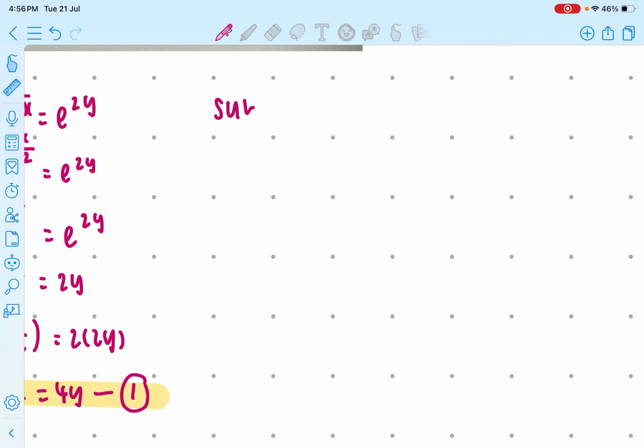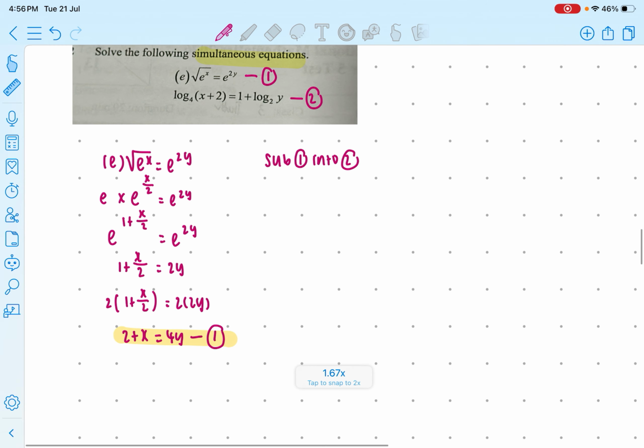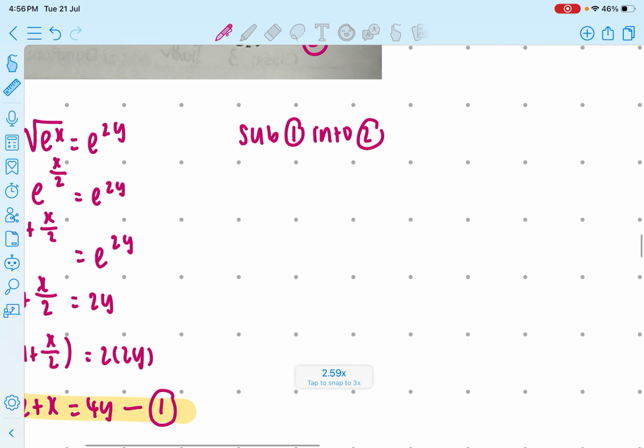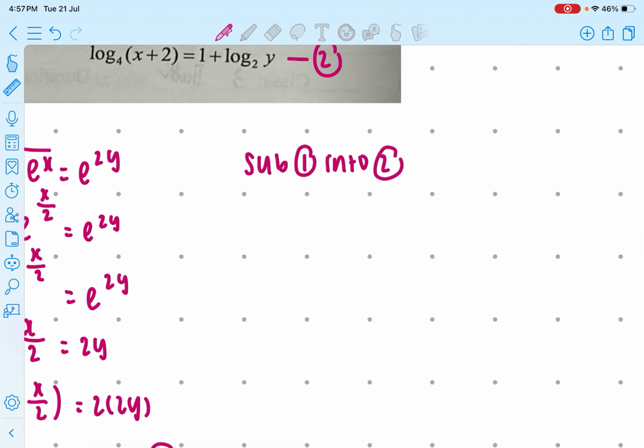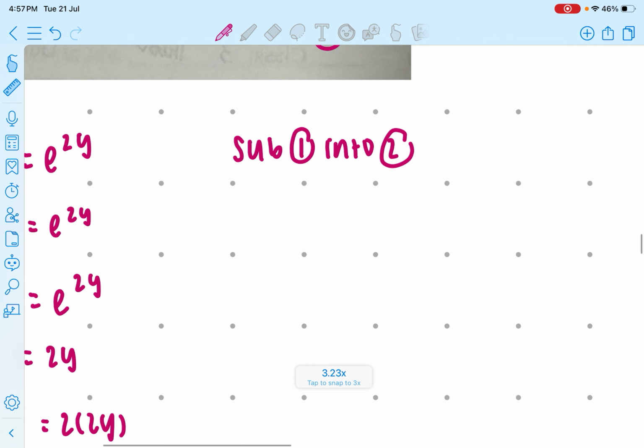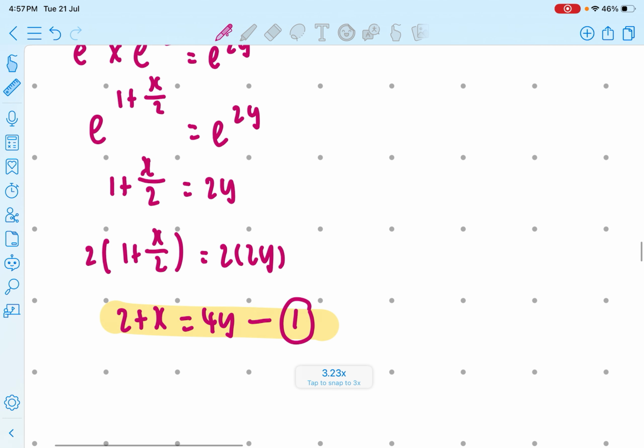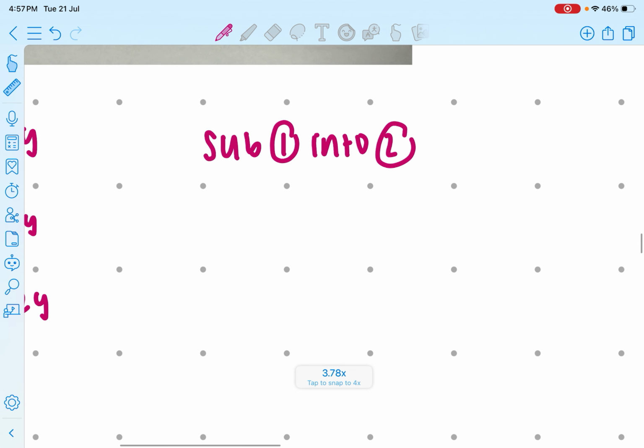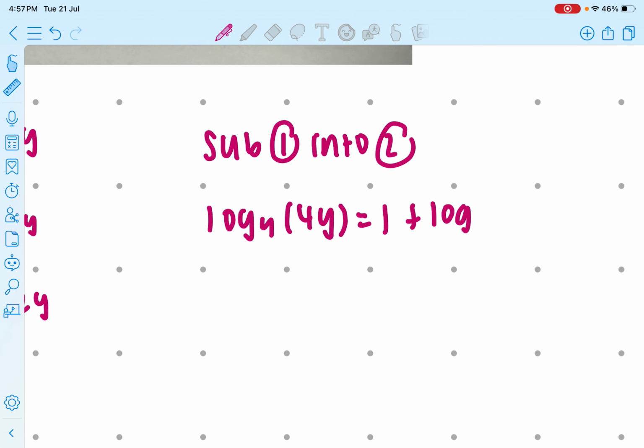So we write down: sub equation 1 into 2. If we substitute 4y equals 2 + x, you'll get log base 4 of 4y equals 1 + log base 2 of y.